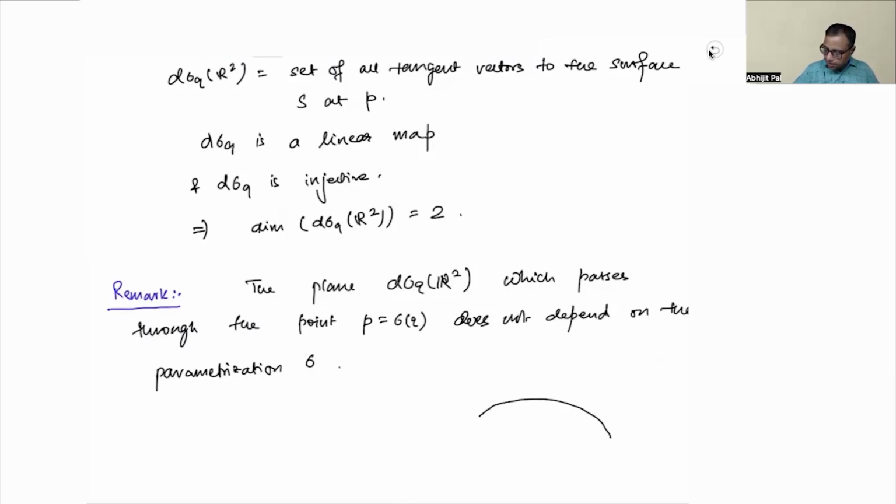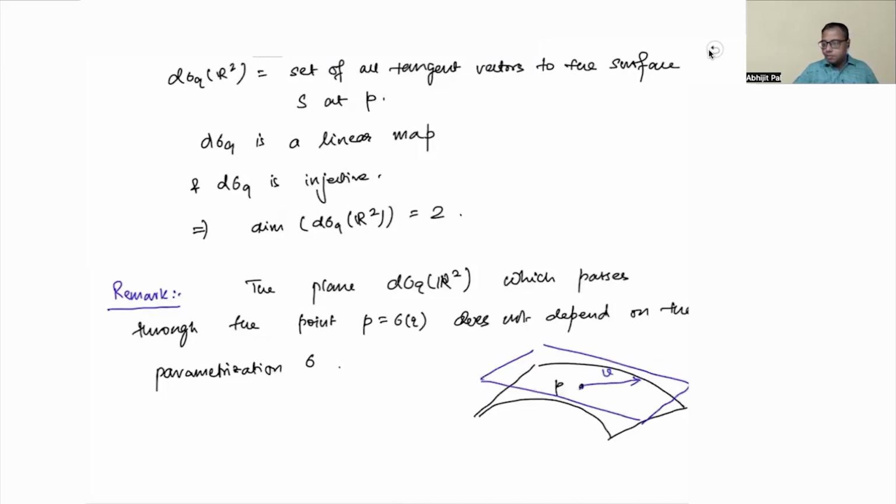So let me again state this thing. Suppose you have the surface, and this is my point P, and I have a tangent plane here at this point.